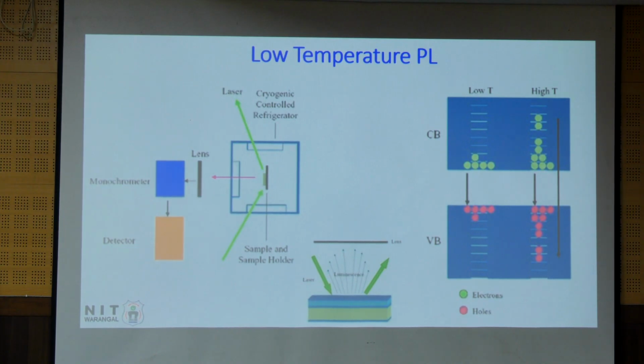You can put a heater and do it, or simply open the valve so that the liquid nitrogen escapes, and slowly from minus 195 degrees centigrade, 78 Kelvin, it will start coming to room temperature. With the slow increase of temperature, the atoms start vibrating, and the photons that were absorbed and are present in the higher energy state try to come down.